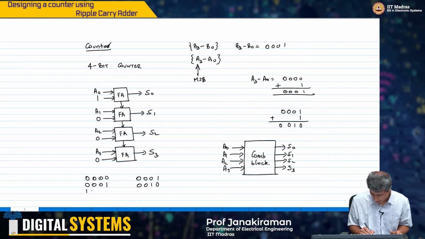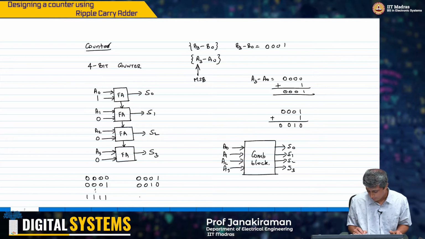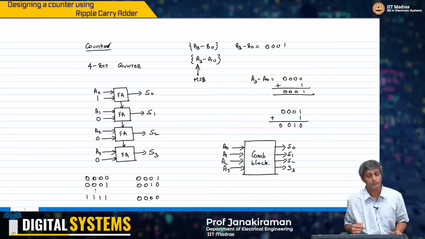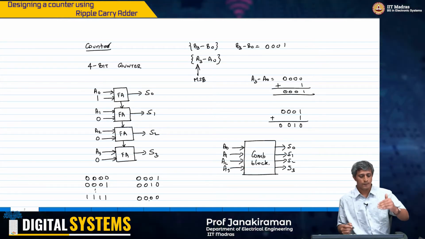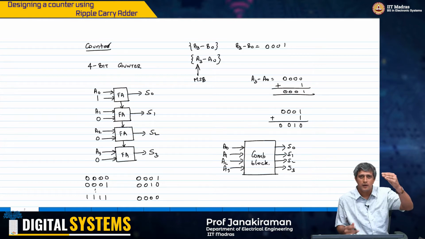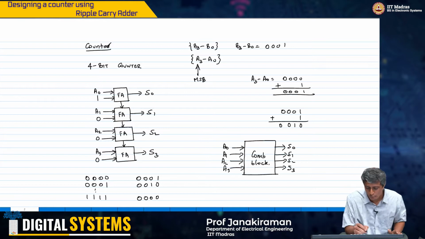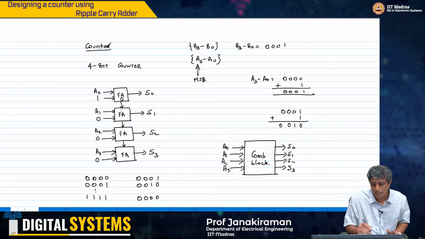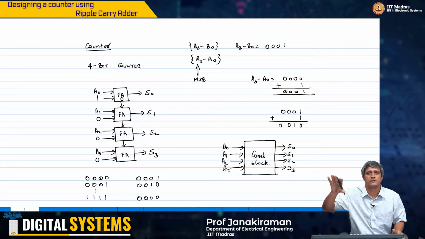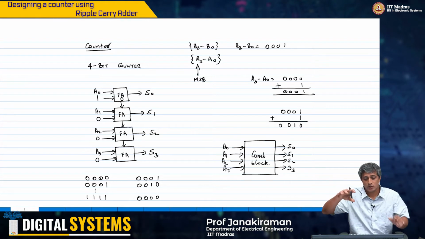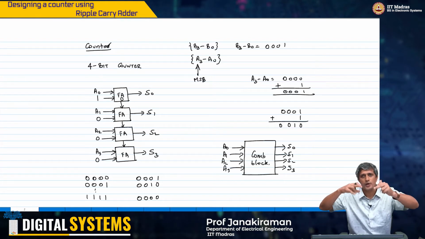And if my input likewise is 1 1 1 1, then I want the output to be 0 0 0 0. So what will happen is, the moment A0, A1, A2, A3 arrive, the output of full adder 0 will be ready first, because its carry is now going to propagate to full adder 1.